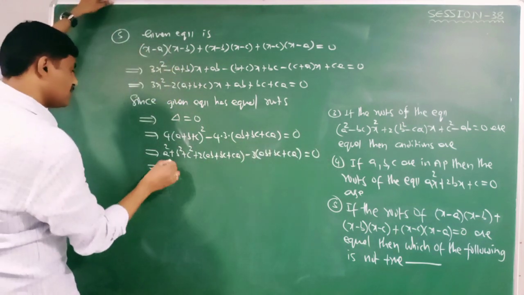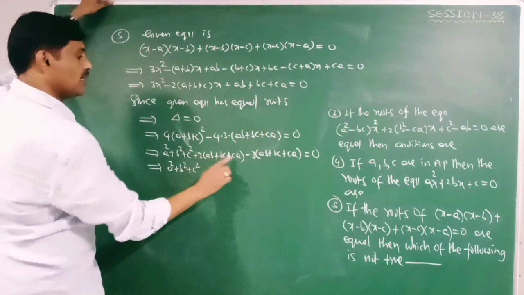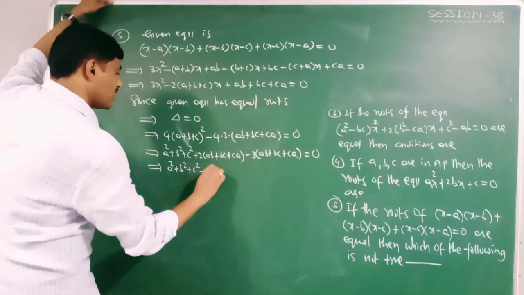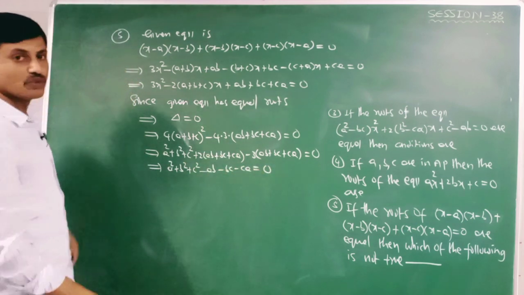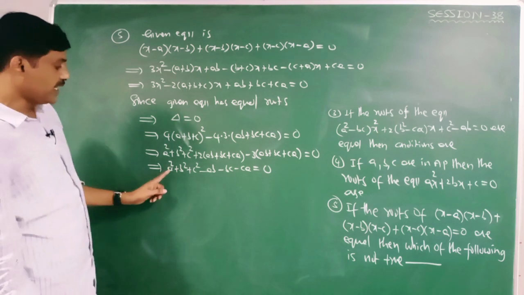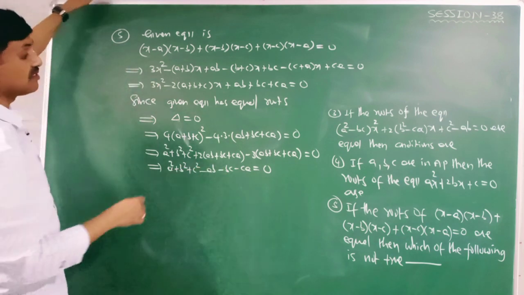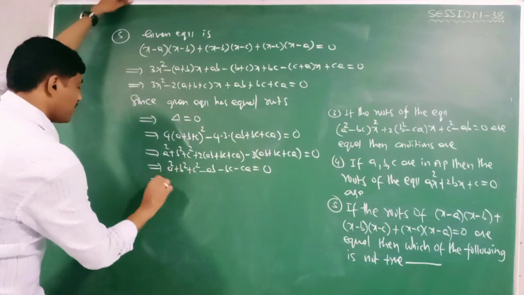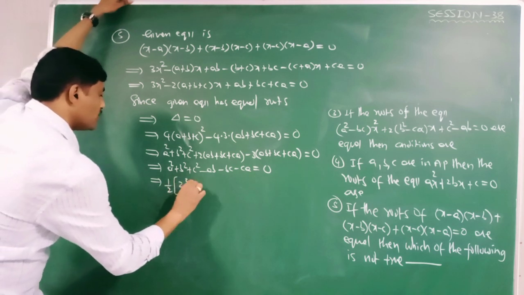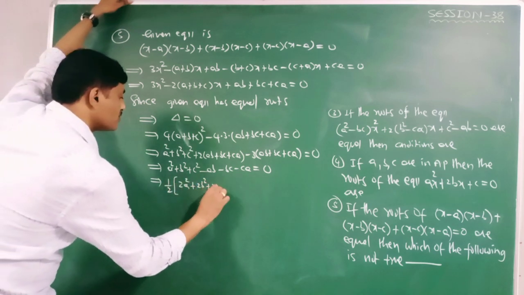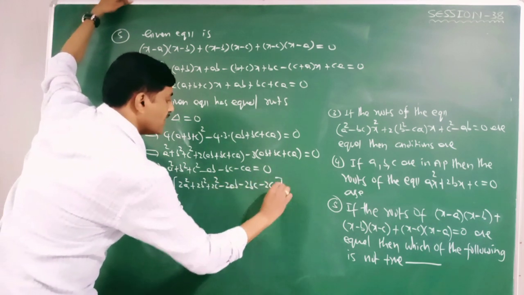This implies a square plus b square plus c square minus ab minus bc minus ca is equal to 0. Here we have to multiply and divide by 2, so we get 1 by 2 times (2a square plus 2b square plus 2c square minus 2ab minus 2bc minus 2ca) is equal to 0.